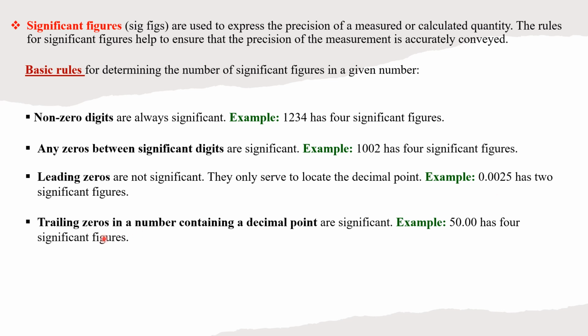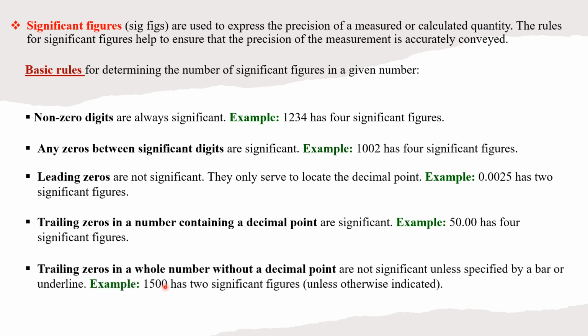The next one is trailing zeros, or the end zeros in a number. We can consider them significant with a decimal point. For example, 50.00: we can consider the last two zeros, the trailing zeros, as significant. Then there are four sig figs in this number.